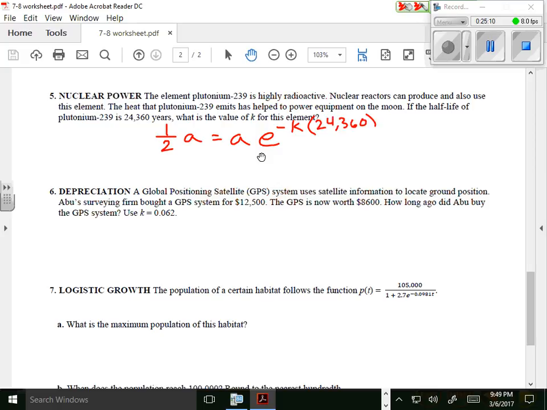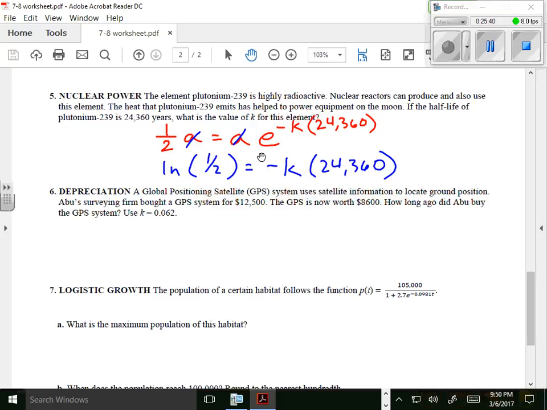24,360 years. Then when you divide by A on both sides, the A's cancel. Take the natural log of both sides, you'll get the natural log of a half, or 0.5, is equal to the natural log of e to the whatever. The e will cancel, and you'll just be left with negative k times 24,360. We'll divide both sides by negative 24,360.